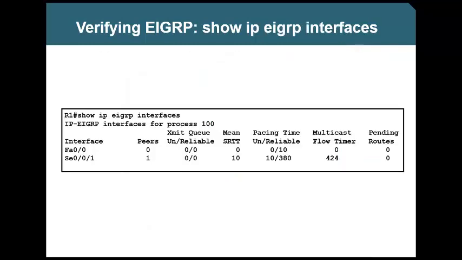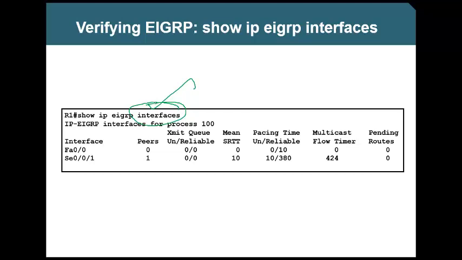Now this is another command to verify all the interfaces that run EIGRP: show ip eigrp interfaces. Listen, we have something called a passive interface. If I put an interface as a passive interface, it will not be listed here, because a passive interface won't be sending any update out, not even a hello packet.